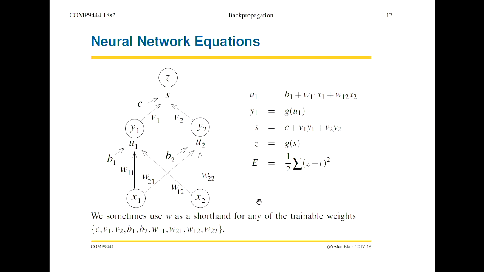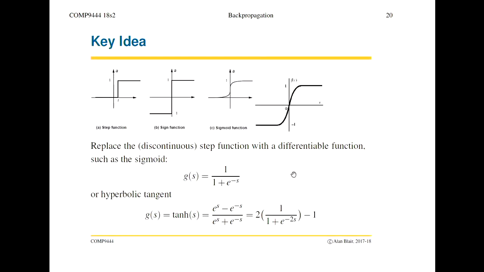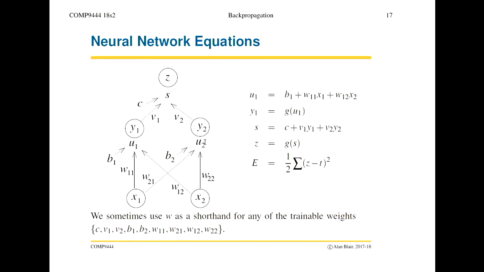Let's call that T. I'll talk about the cost function. This Z minus T, the actual output of the network minus the target value, is a measure of how inaccurate the network is, what mistakes it's making.